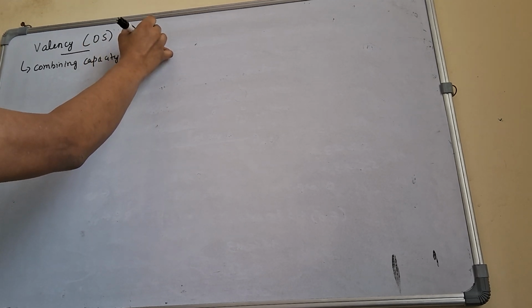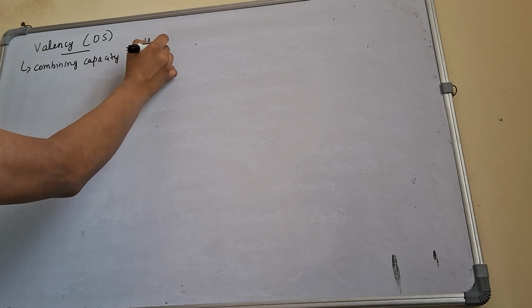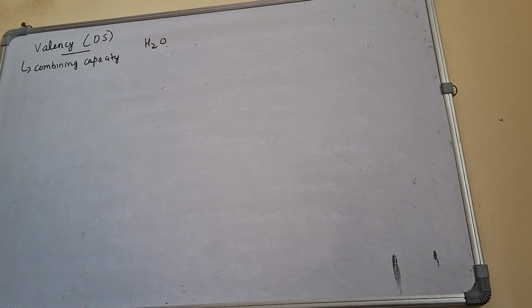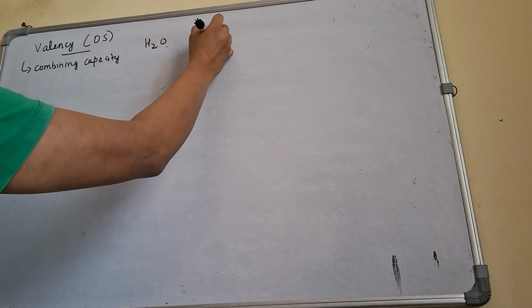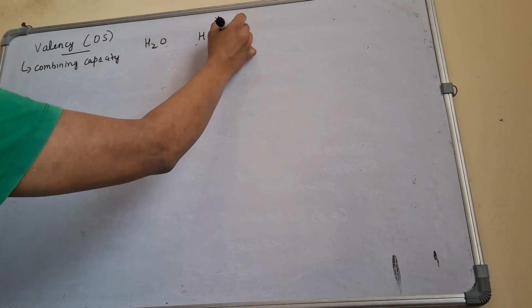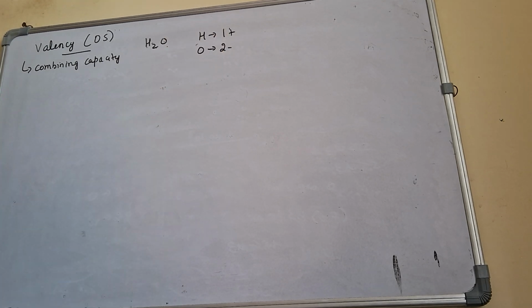What is the meaning of this? Let me take H2O. We say the valency of hydrogen is 1 and oxygen is 2. We crisscross the valency, right? Why is hydrogen's valency 1? Let me write it. For hydrogen it is 1 plus, and for oxygen it is 2 minus. This is what you know already, correct? But how do we relate it to combining capacity?